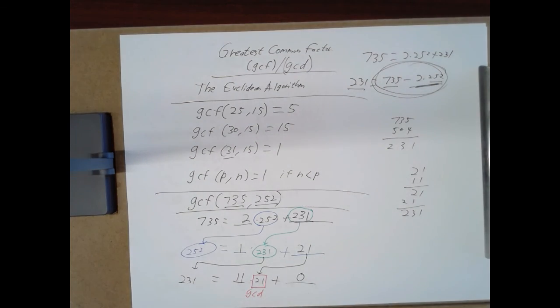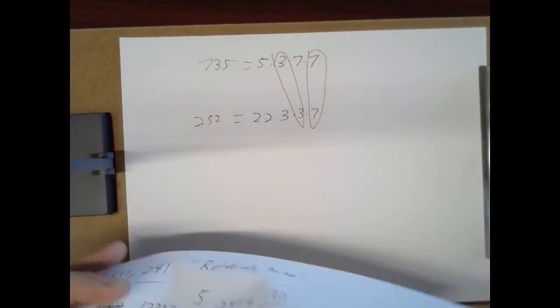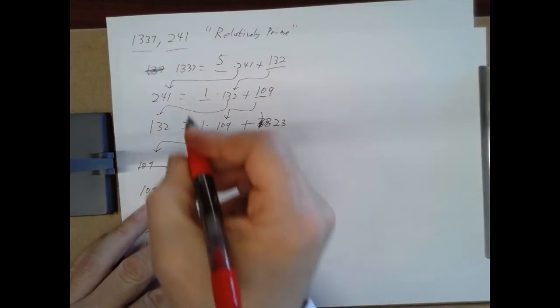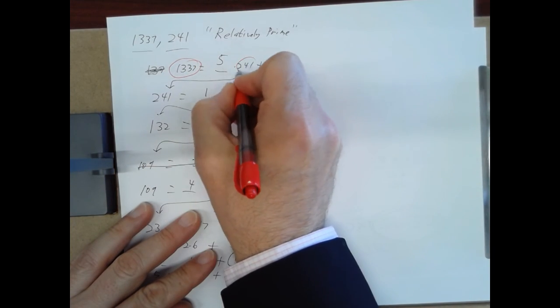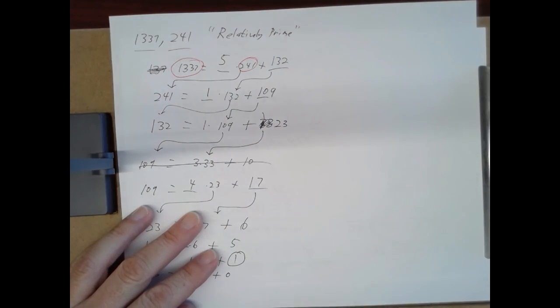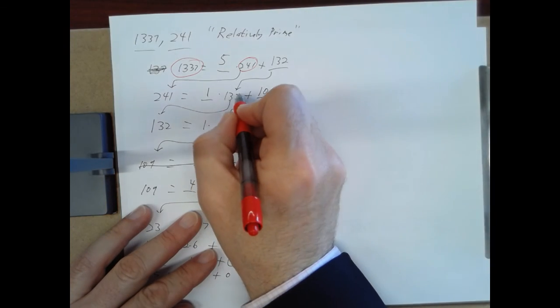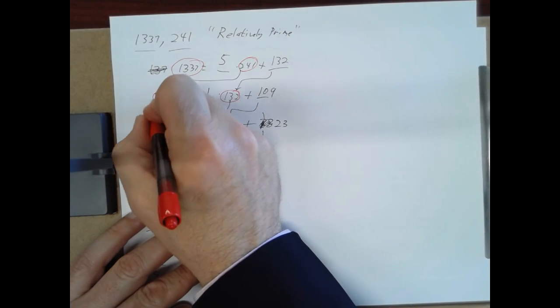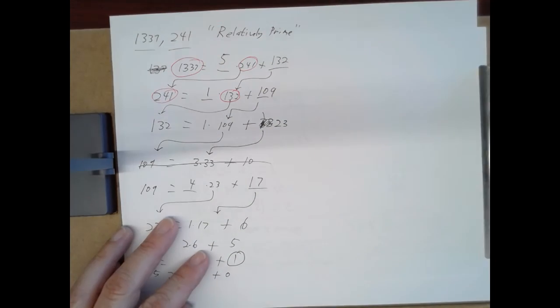So when we're writing out our numbers like this, we're looking for a common factor to this number and this number. If there is such a factor, it's also going to be a factor of this number, and of course this number, because that's one of the numbers we're looking for a factor of.